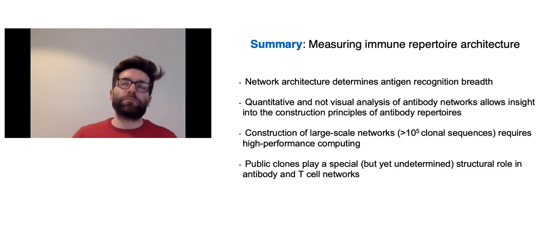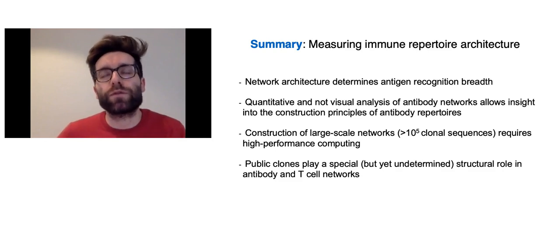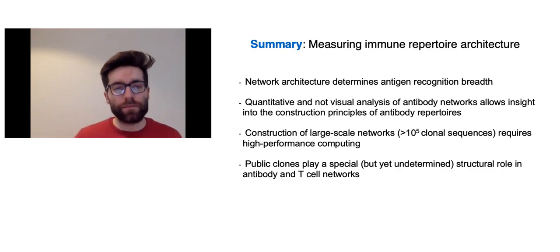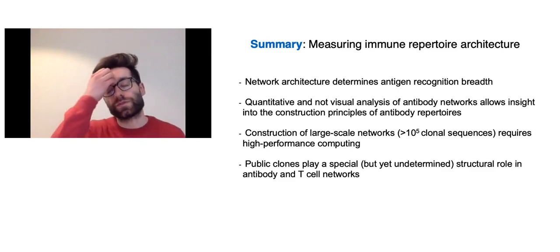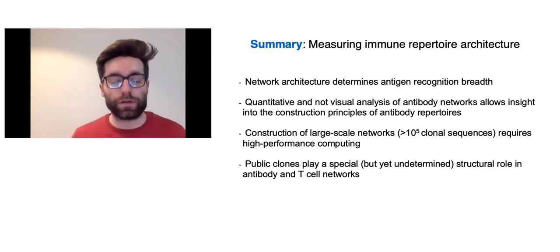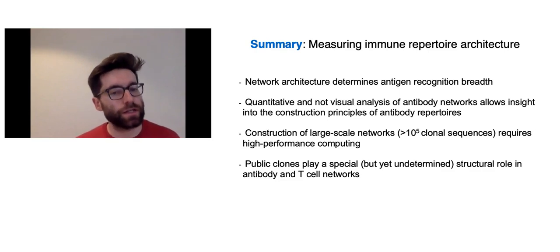As of a few years ago, many people only looked at network shape just by eye, but I think we need much more quantitative approaches, such as looking at the degree distributions and different network measures to compare samples across disease states, for example. Construction of large-scale networks still requires high-performance computing.